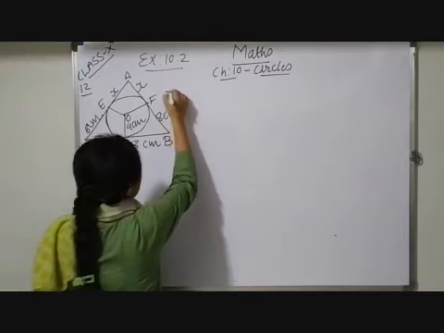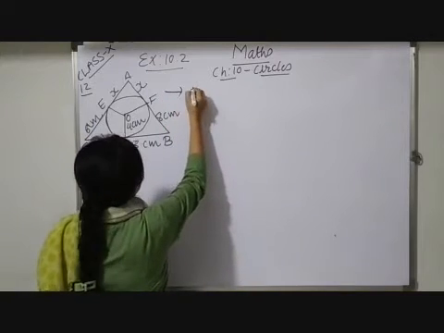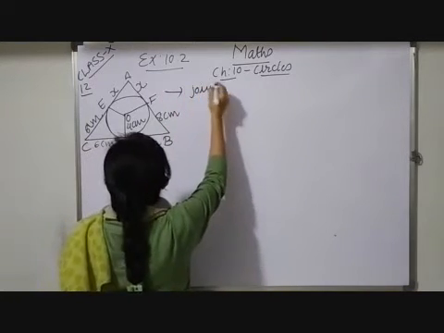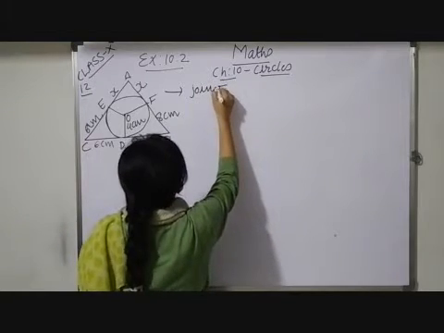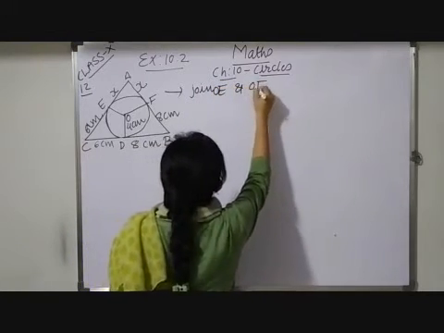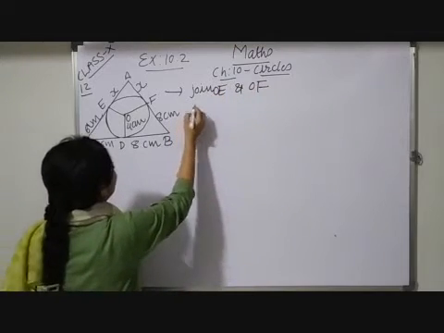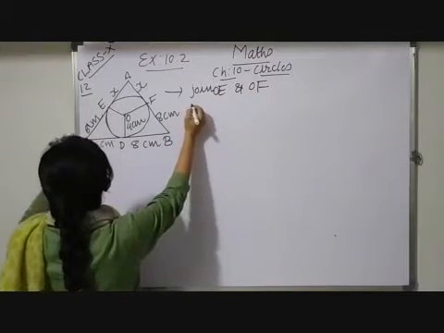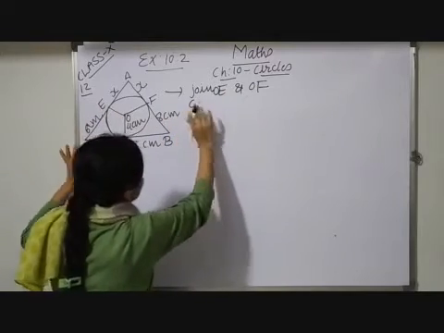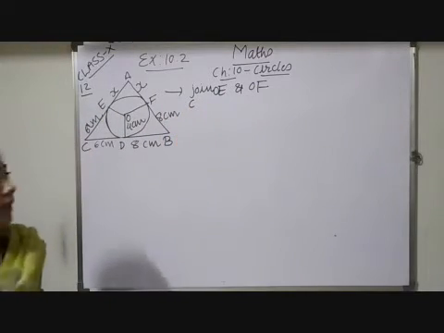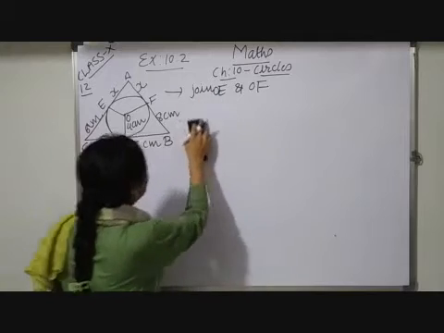So how to write it? Here I am writing join OE and OF. Also I am writing here CD is equal to CE. So this information you can write down. I guess it is understood to you.